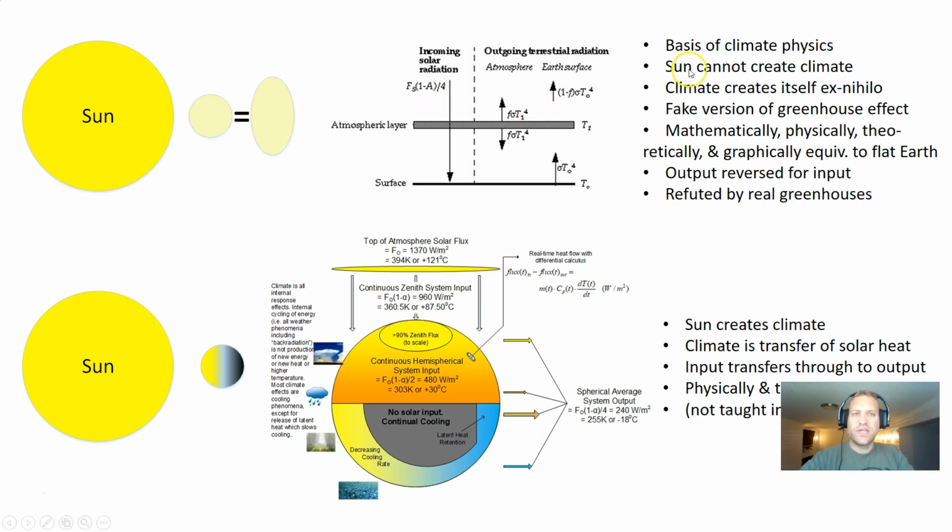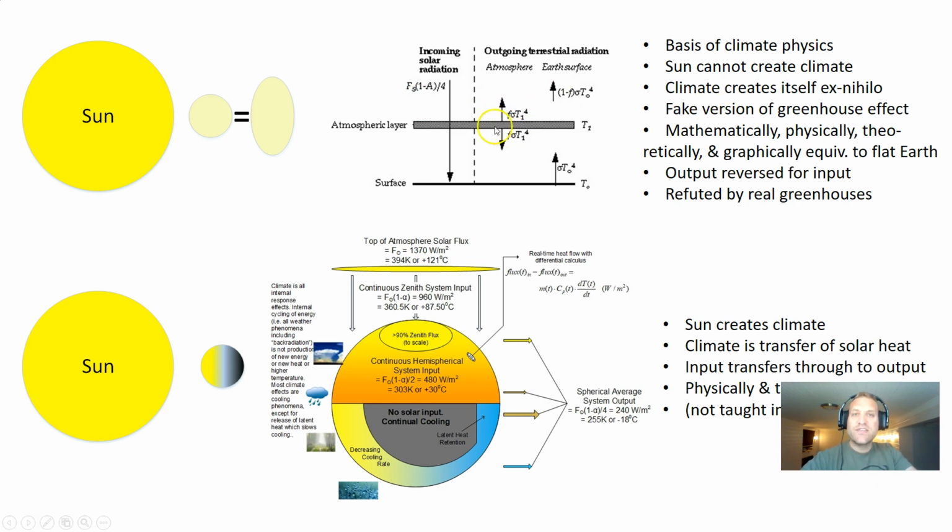So what would you like? So here we have, this is the basis of climate physics. The result of this is that the sun cannot create the climate because the solar power, the sunlight, has been diluted into surface area and into time, which does not exist and never exists. So that makes sunlight only minus 18 degrees Celsius, unable to create the climate.